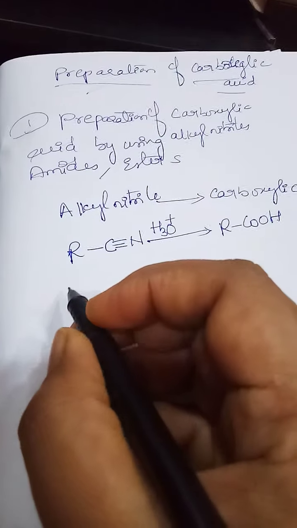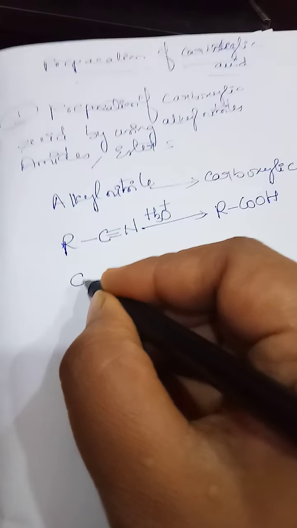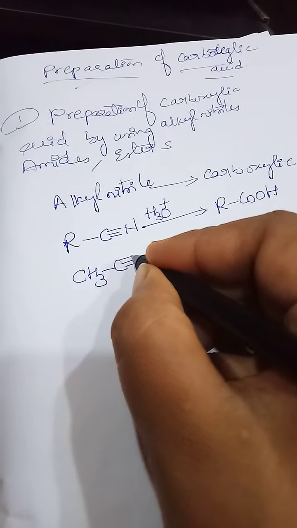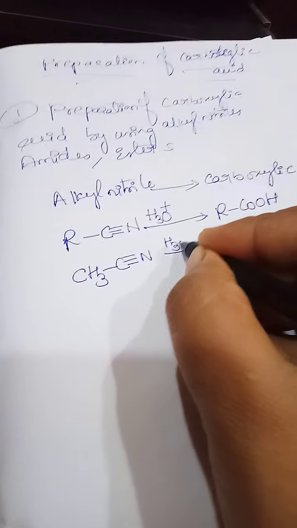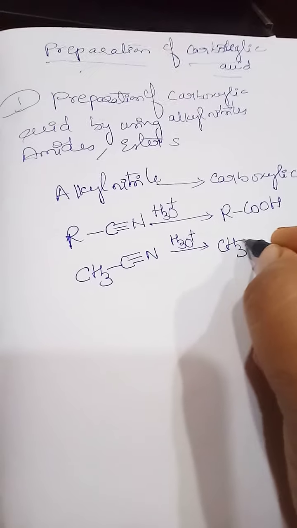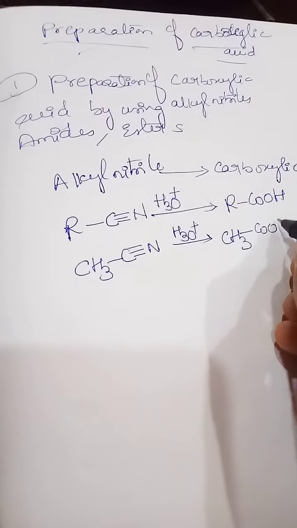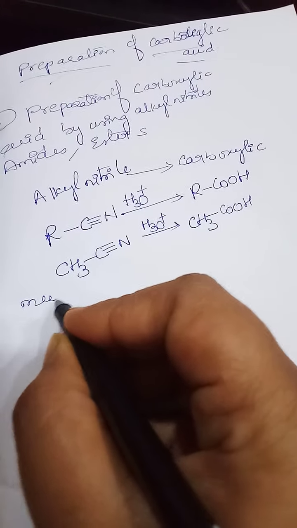We can write another simple example. I am taking CH3, C triple bond N, and by hydrolysis we are going to get CH3COOH. Now let's see the mechanism.